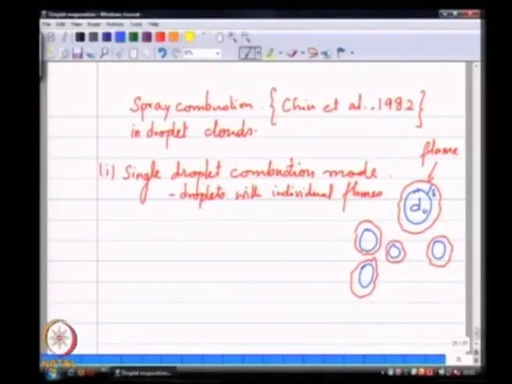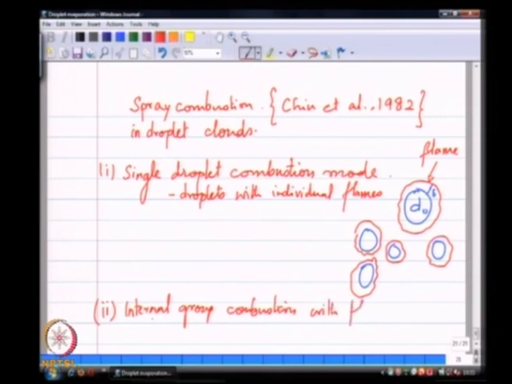The second regime is what is called internal group combustion inside the spray.